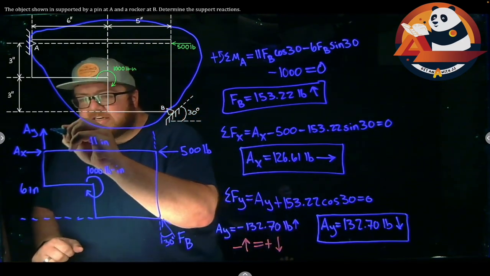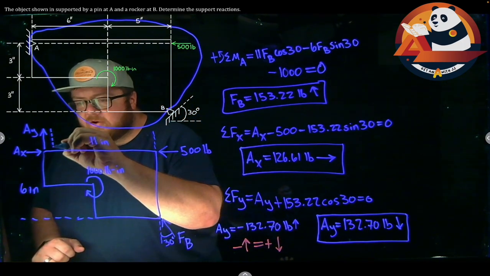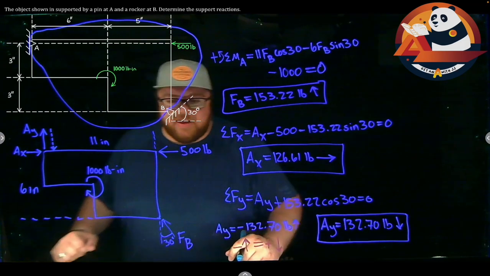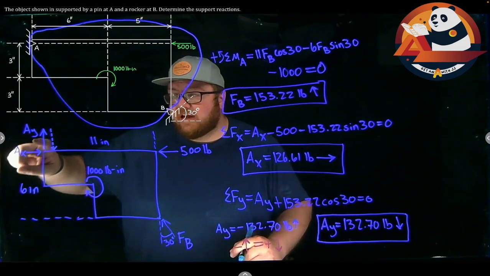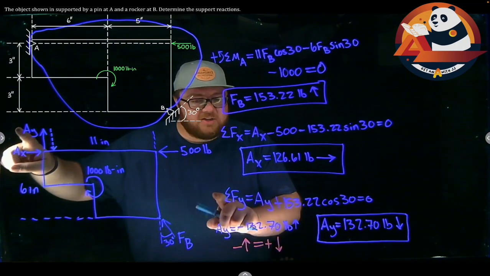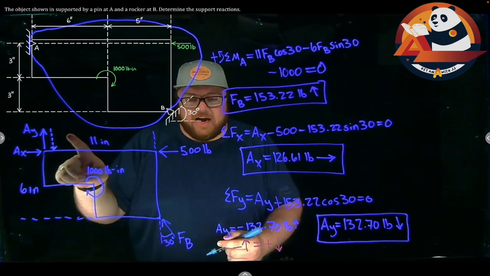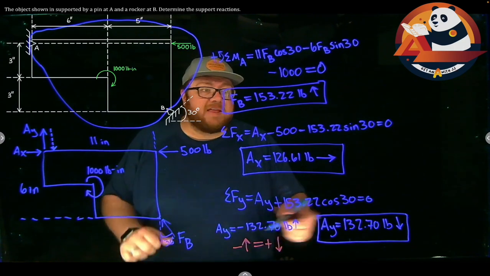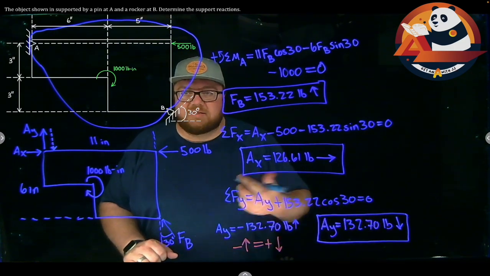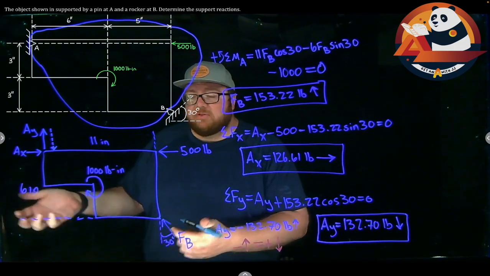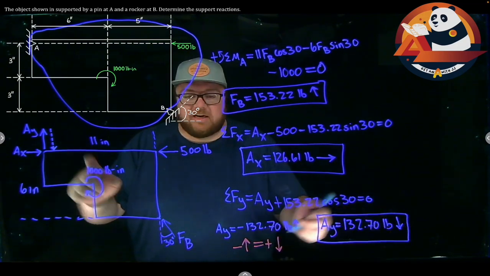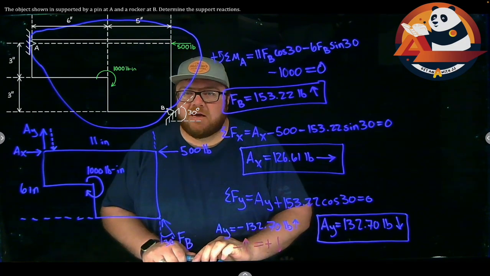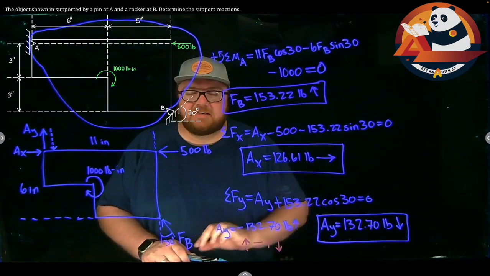I just put in a dashed arrow, so I'm going to show that going downwards in here. That way, if I look back on my work, or if I need to use this moving forward, I can say, hey, originally I guessed that it went up. That's what my work set up to do in here. That dashed arrow tells me I know which way that really went. It's really going down. If I needed to use that down the road, which we will do later, I'd use it with the correct direction. I'd use it pointing downwards for everything when I try to use it again down the road.